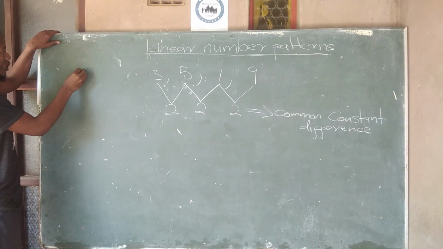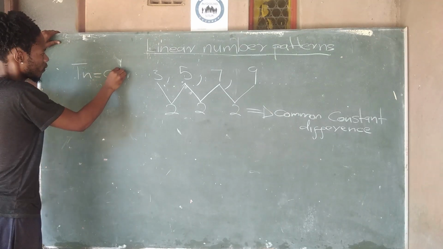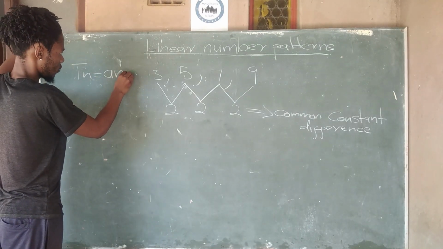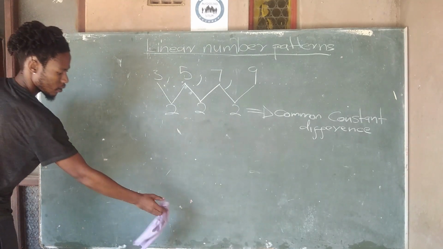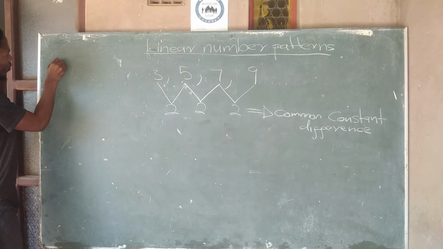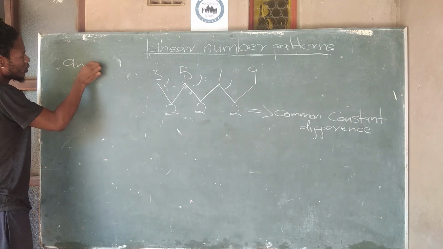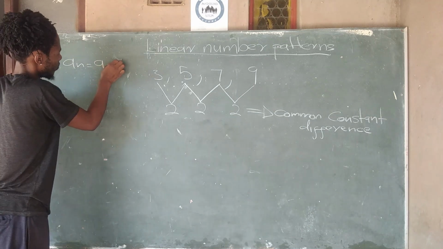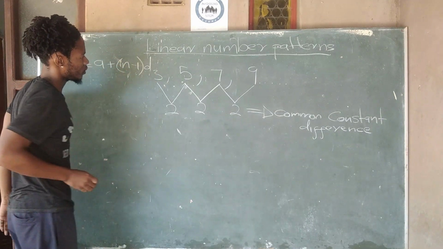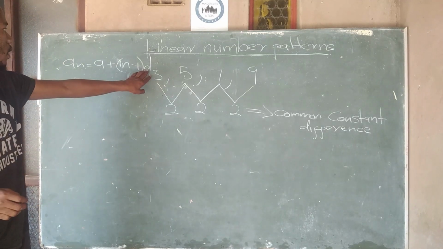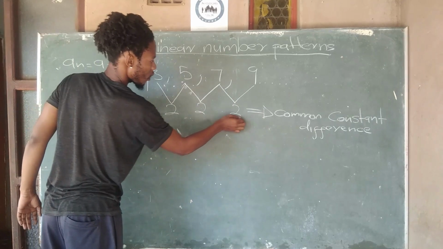So this is your general term for a linear number pattern. It's Tn equals a plus (n minus 1) times d. D is the common difference.